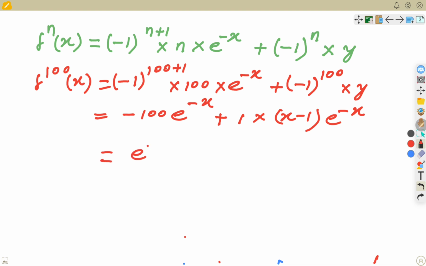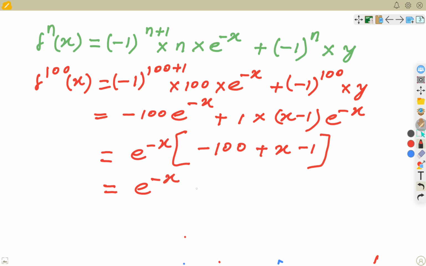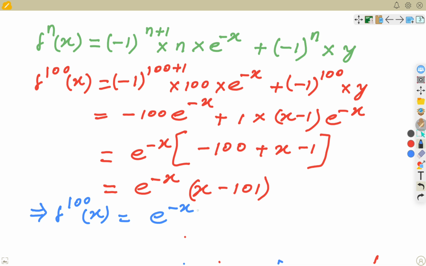If we take e to the power minus x common, it becomes minus 100 plus x minus 1, that is e to the power minus x (x minus 101). So f of 100 x is equal to e to the power minus x multiplied by (x minus 101).